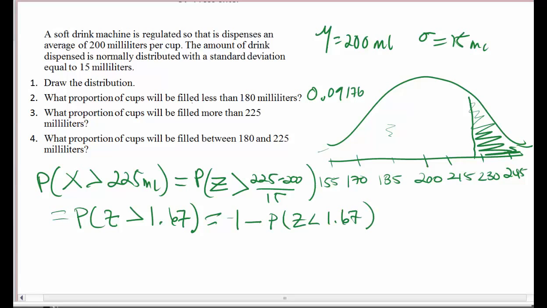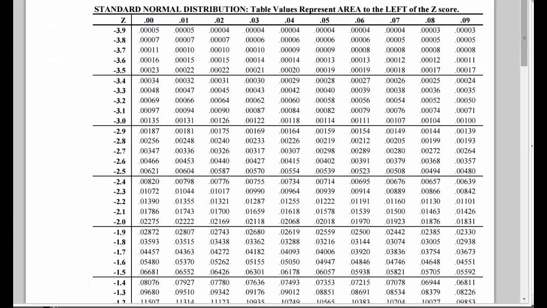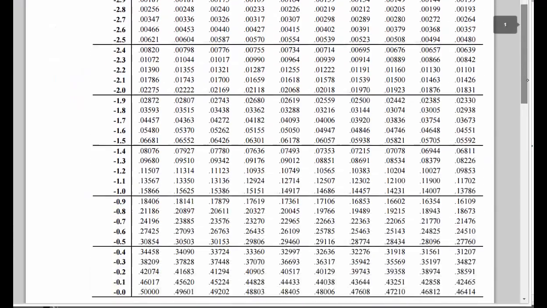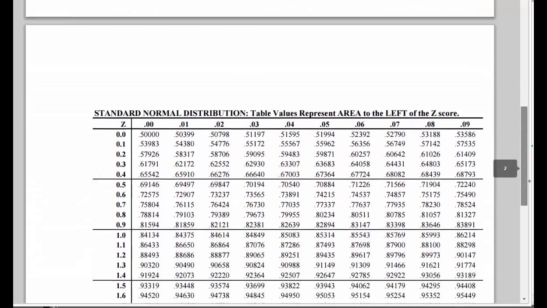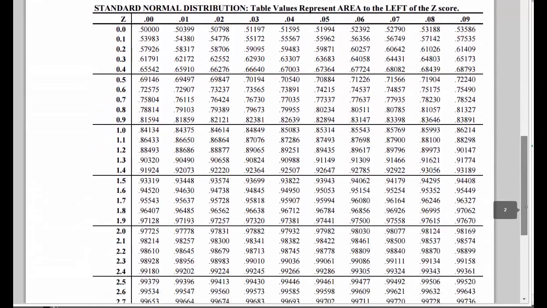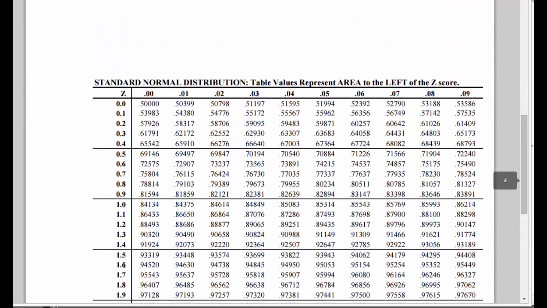So let's go over to the z-table and find the area that falls below 1.67. And we want to find the beginning of our z-score, so the first and second digit is 1.6, and we can find that right here, 1.6, and scroll over to the column of 0.07, and we get a value for the area that falls below 1.67 of 0.95254.